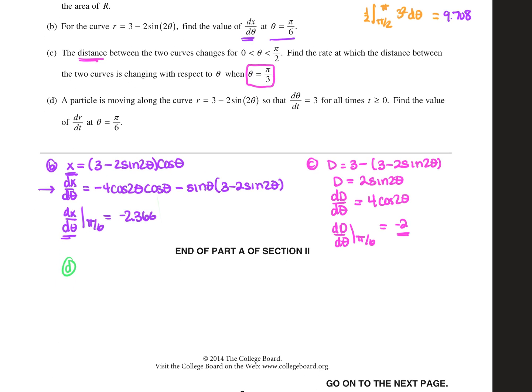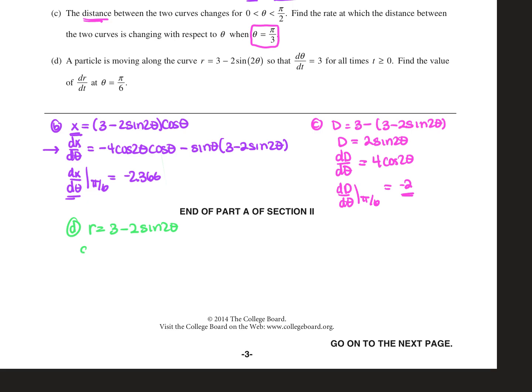Okay, well, looking at our r, 3 minus 2 sine 2 theta, they want us to find dr dt, but if you notice that r is a function of theta, so we can only find dr d theta, then multiply it by d theta dt. They told us that d theta dt at that given time is 3, so we know this right here is 3.